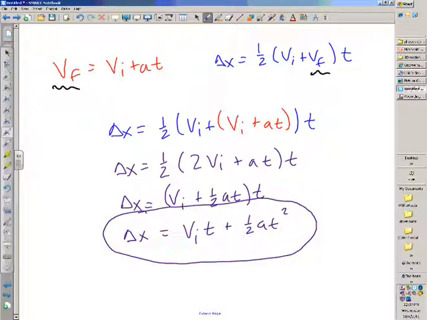There's the third equation. Displacement is equal to the initial velocity times the time plus 1/2 acceleration times time squared. Notice, because we substituted the expression for VF from the first equation into the expression for VF for the second equation, VF does not appear anywhere in this equation.